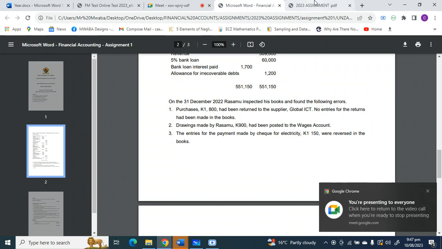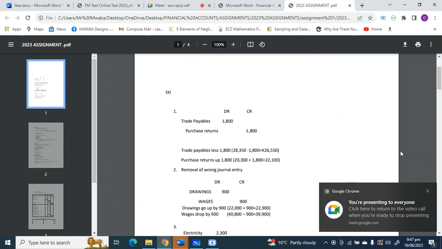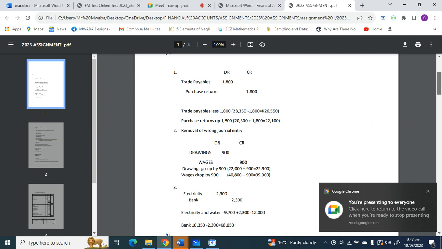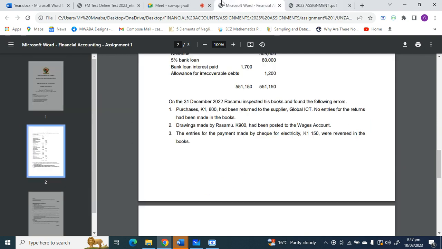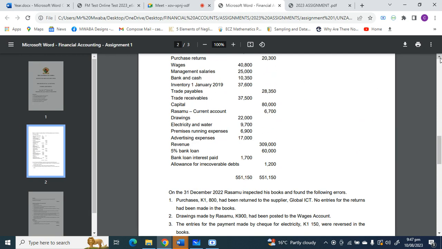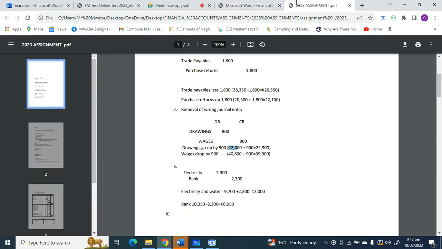Yes, so as I was saying, the drawings amount has to go up by 900. So if we check on our trial balance, drawings was 22,000. So you're going to say 22,000 plus 900, 22,900.